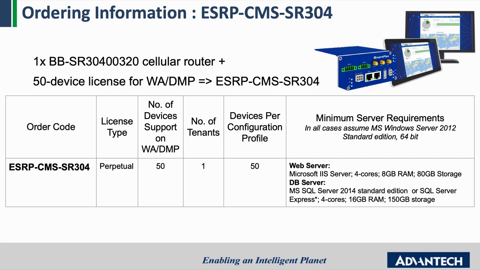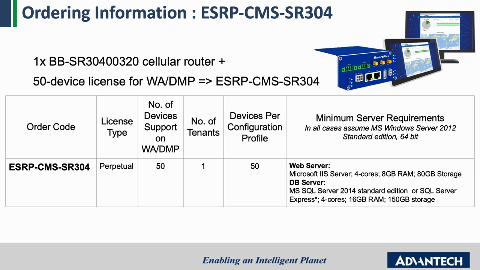You need an instance of a web server, which must support Microsoft IIS server. That particular hardware must have 4 cores, 8 gigabytes of RAM, and 80 gigabytes of free storage space. You will also have a second instance of Microsoft server installed. This one will be the database server. This one must have Microsoft SQL Server 2014 or above.